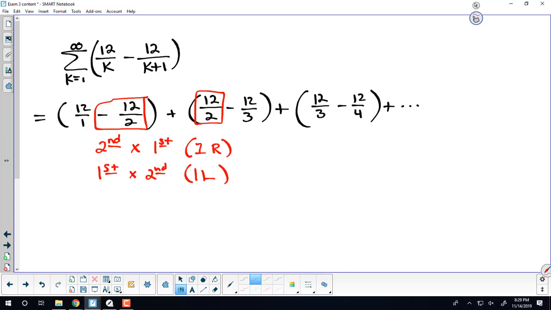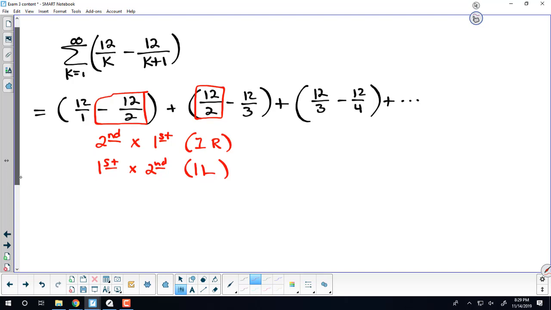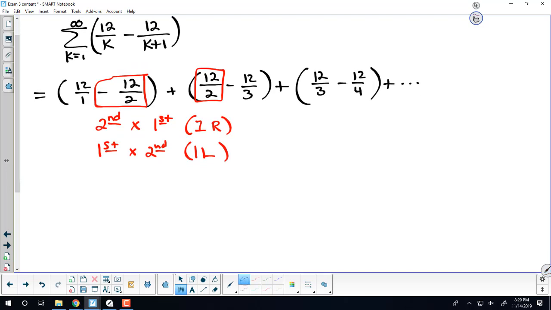But since you're after the nth partial sum, you should stop at the nth term, when k is equal to n. We see the cancellations are the ones right next to each other.